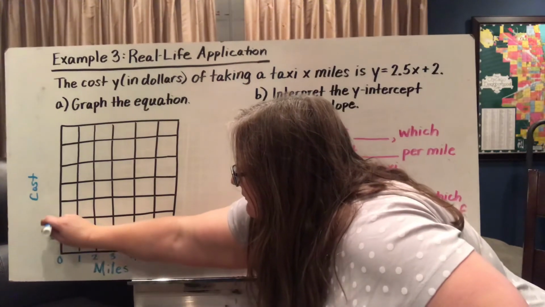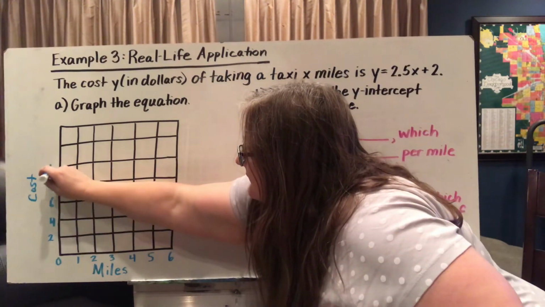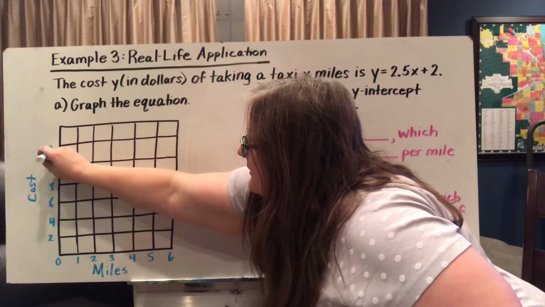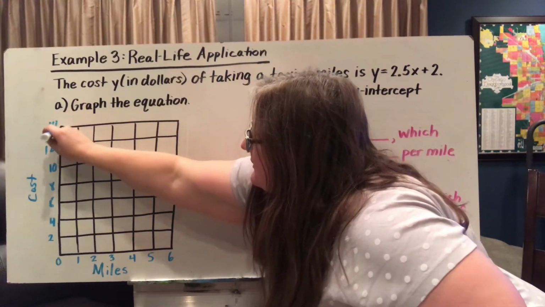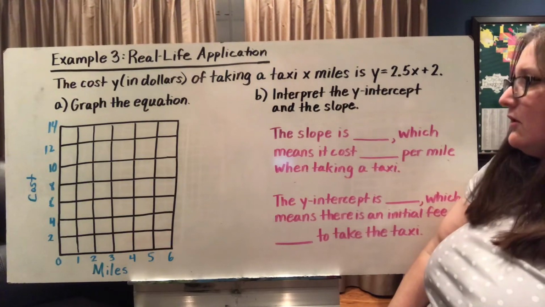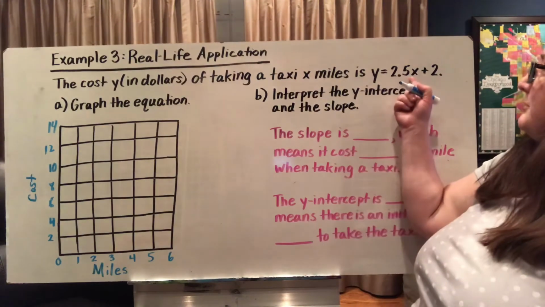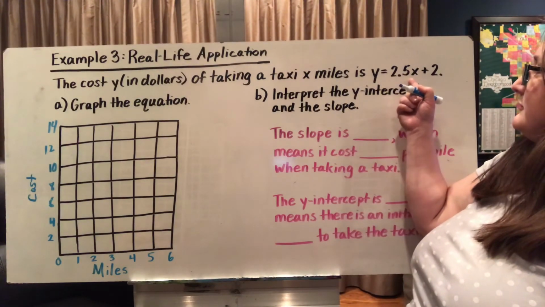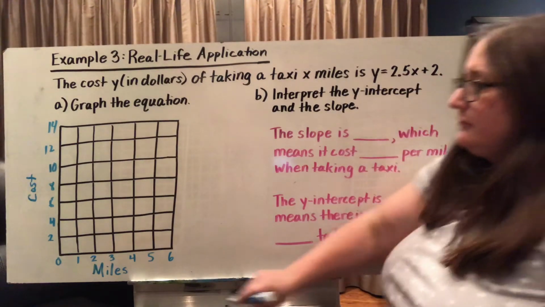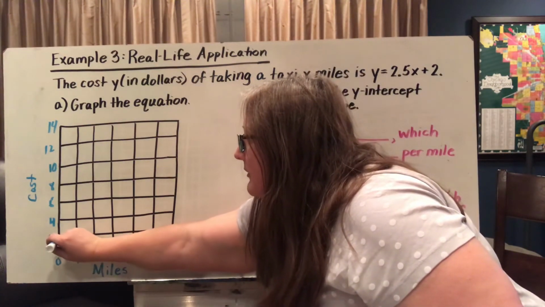So 2, 4, 6, 8, 10, 12, and 14. So if I take the taxi cab 0 miles, I'm actually going to be paying $2. If I plug in 0, 2.5 times 0 is 0 plus 2. So just to get in that taxi cab, it's costing me $2. I haven't even gone anywhere yet.